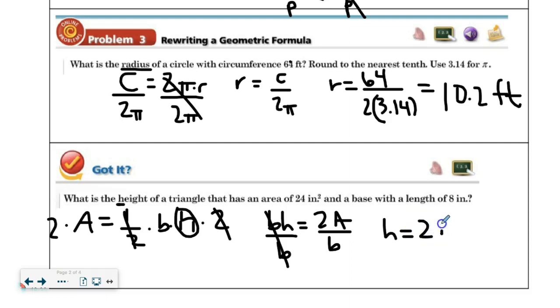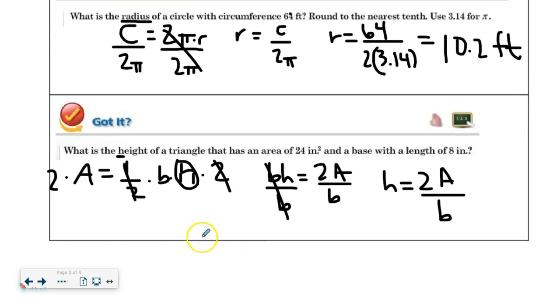So twice the area divided by the base equals the height. Now I'm going to substitute. Area of 24 inches, so 24 is going to go in for A. Base length, 8, is going to go in for B. So H equals 2 times 24 divided by 8.